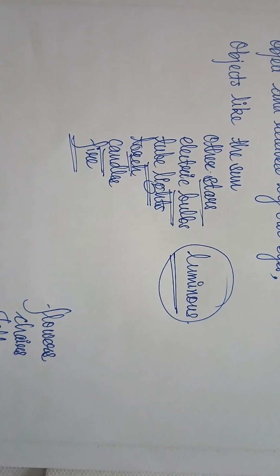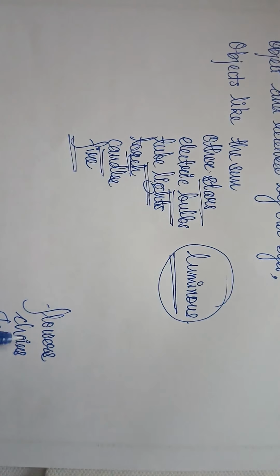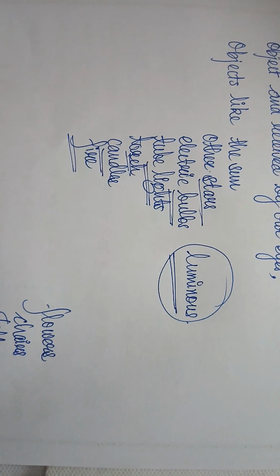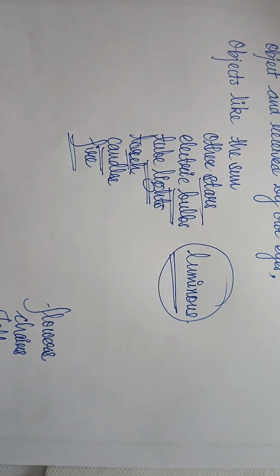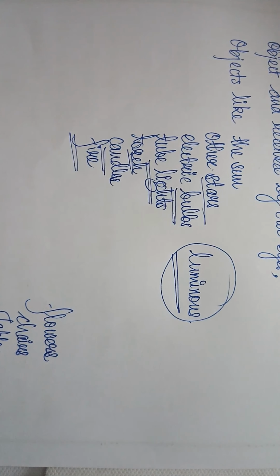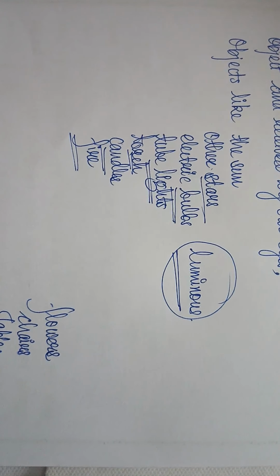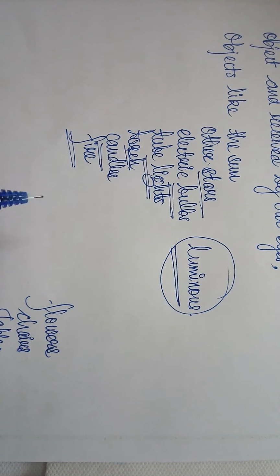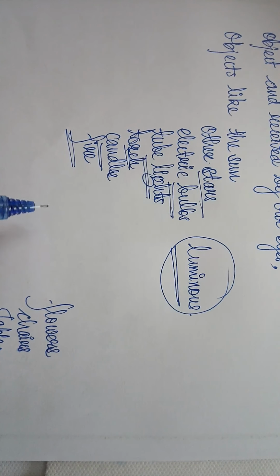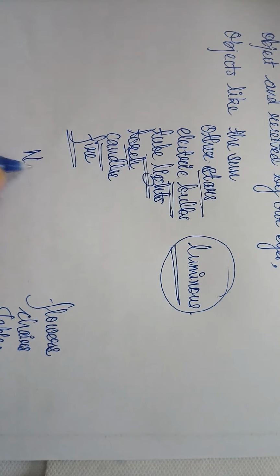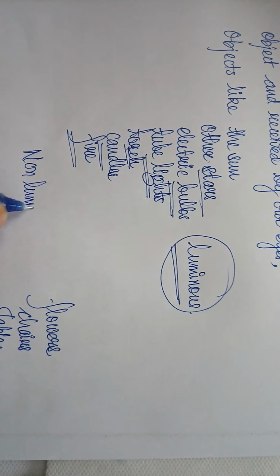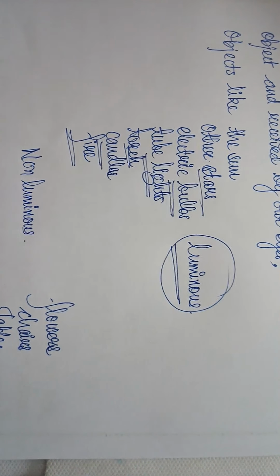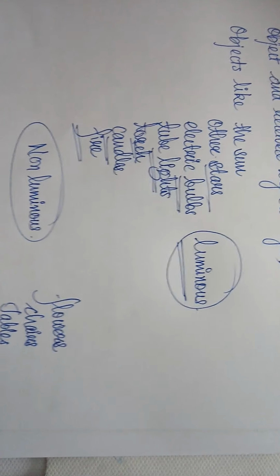And some others, like flowers, chairs on which we are sitting, tables by which we are writing something, pencil, paper, etc., cannot emit light themselves, but only reflect or scatter the light that falls on them. They are known as non-luminous objects.